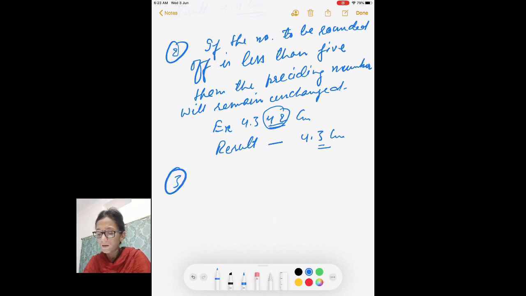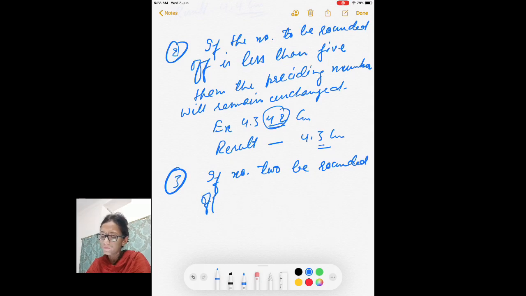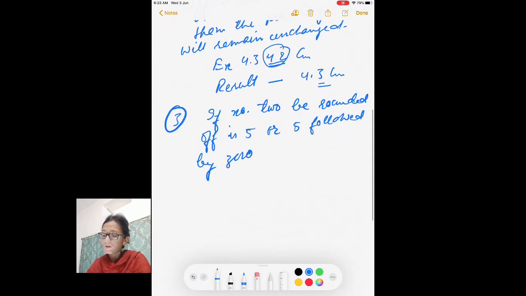Now, the third rule: if the number to be rounded off is 5, or 5 followed by 0, then two rules are there.